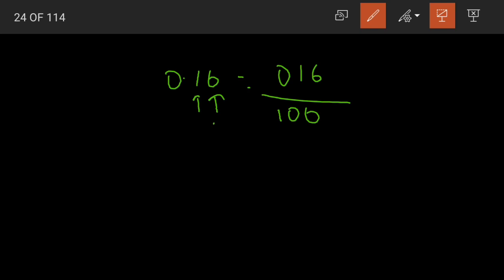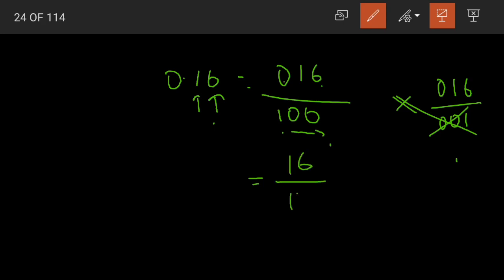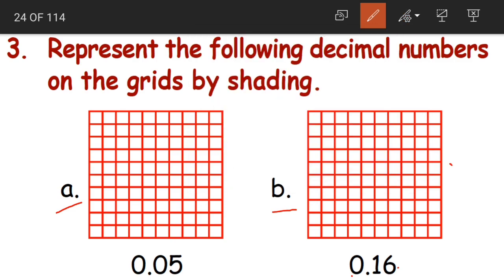Remember, after counting the decimal places for the denominator, you will place the zeros to the right side, children. You should not write 001. Okay, 001 will be wrong. It should be 100. So 016 is nothing but 16. 16 by 100 becomes our fraction. What is the fraction? 16 by 100.